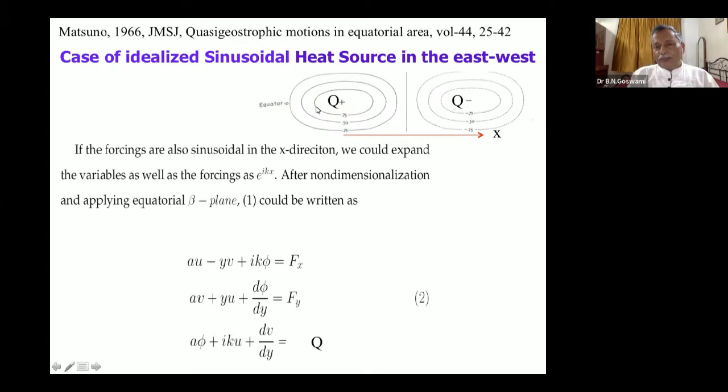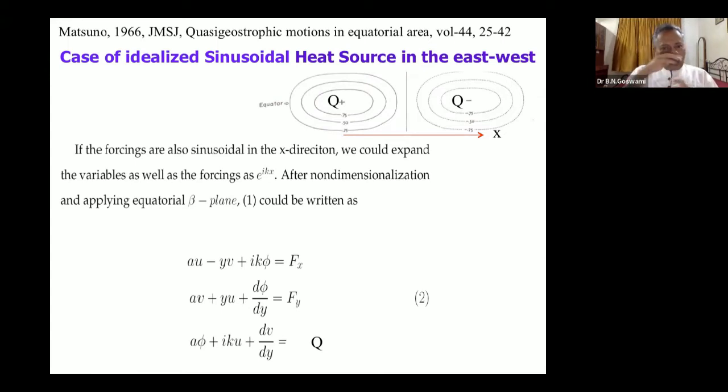In other words, in the east-west direction, forcing is positive, negative, positive. Just like a wave, the forcing has a wave structure in the east-west direction. If that is so, then the analysis becomes very simple, and he did a simple analysis for the forced motion, and I'm reproducing some of that here.